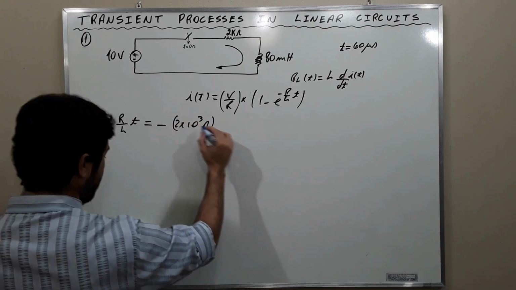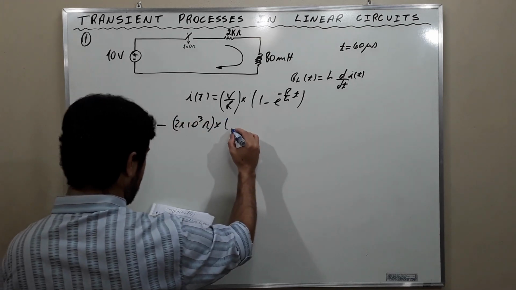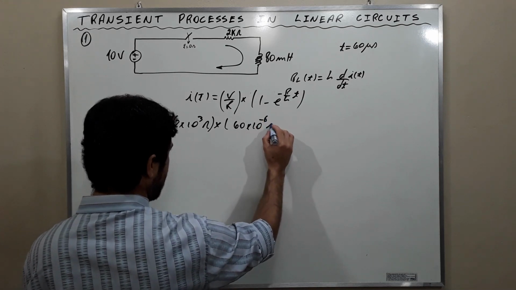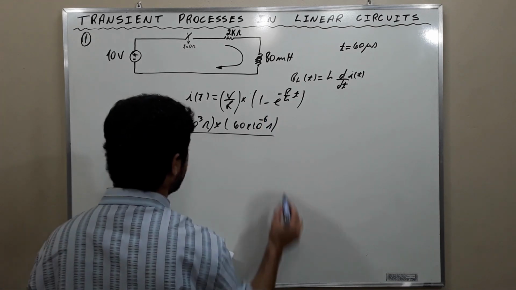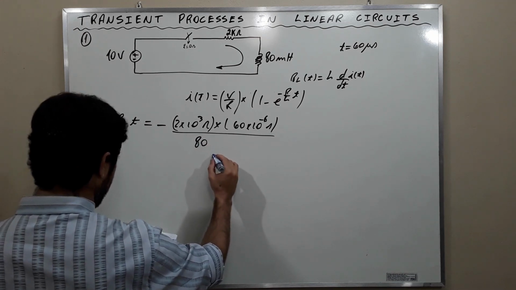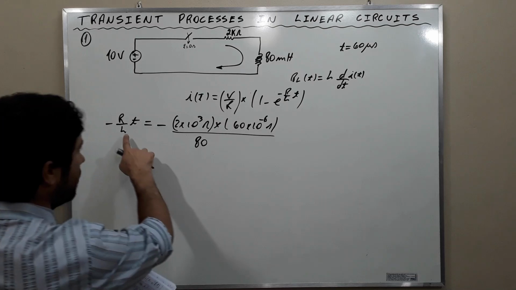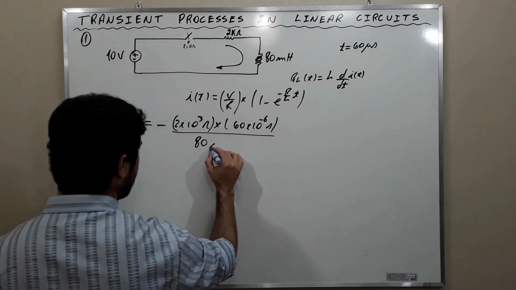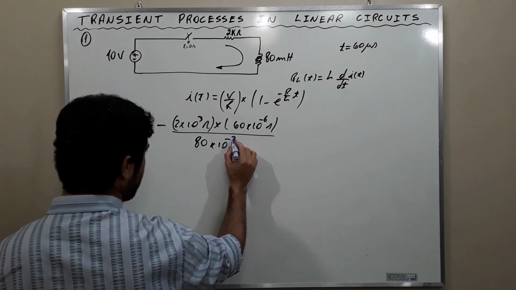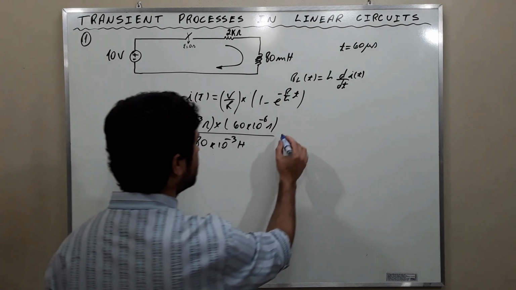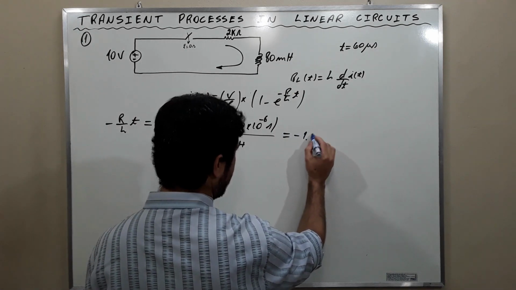ohms, 60 times 10 to the negative 6 seconds, and the inductance is 80 millihenry times 10 to the negative 3 Henry, which is negative 1.5.